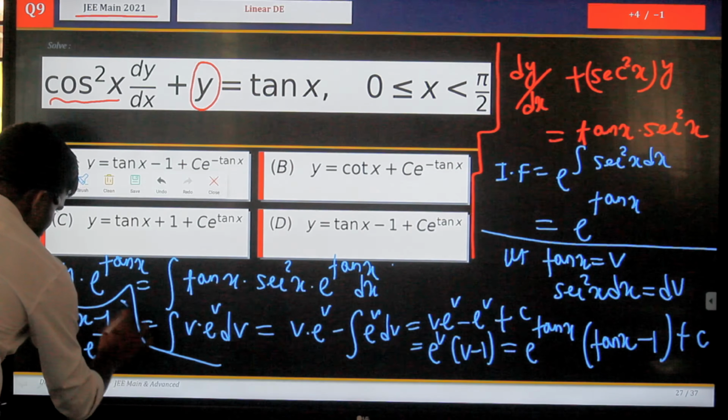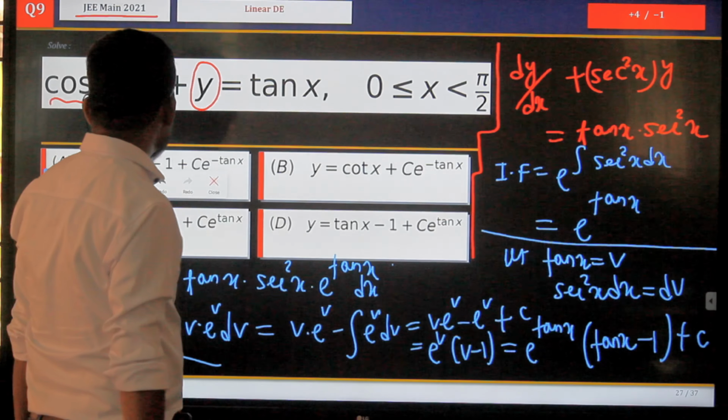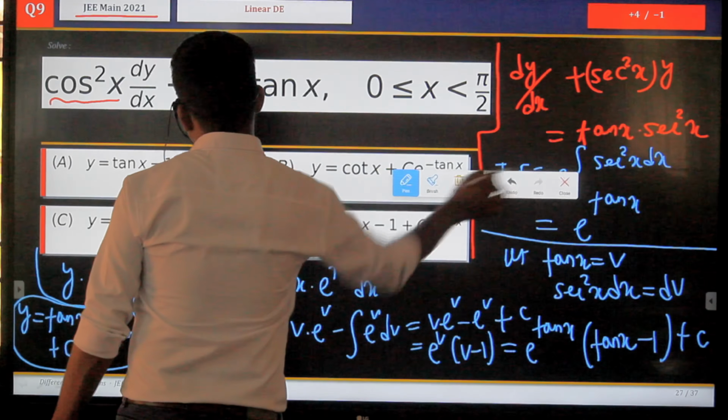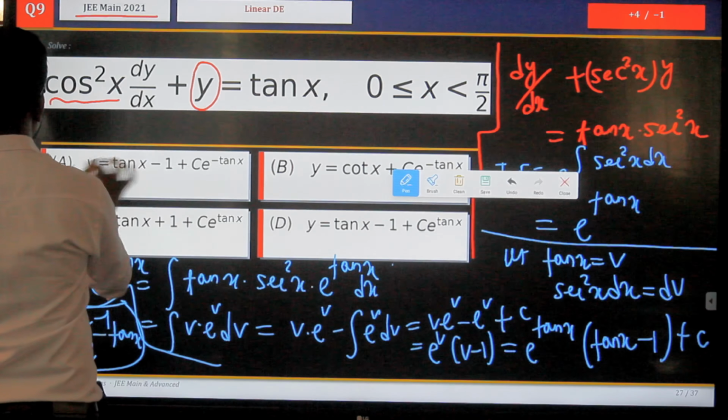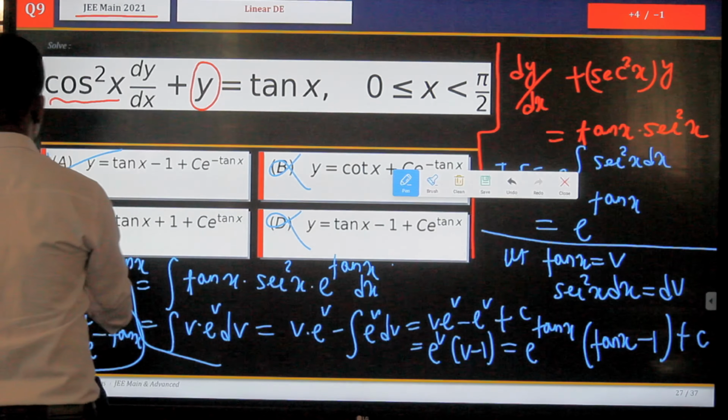So this is the answer. Our correct answer is y equals tan x minus 1 plus c e to the power minus tan x. A is correct, B wrong, D wrong, C wrong.